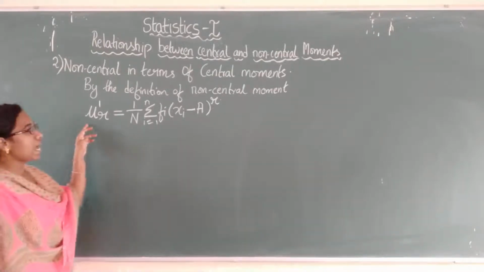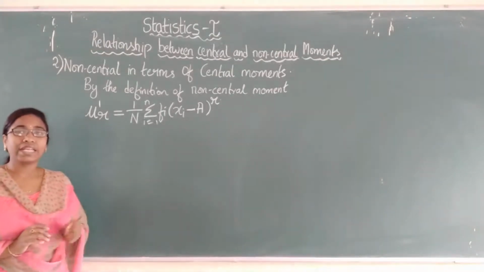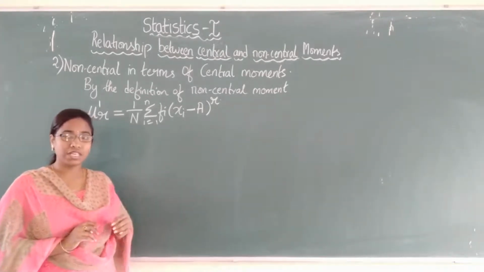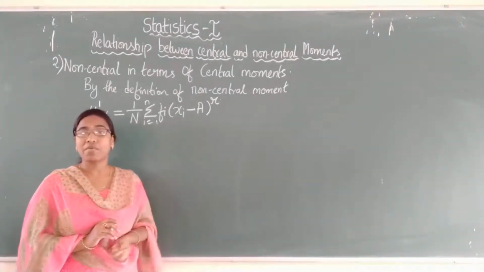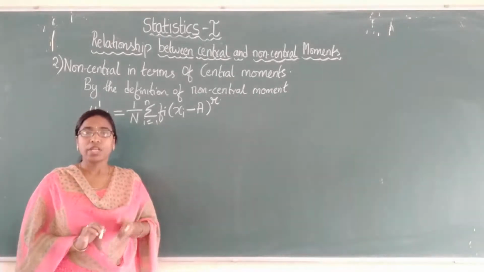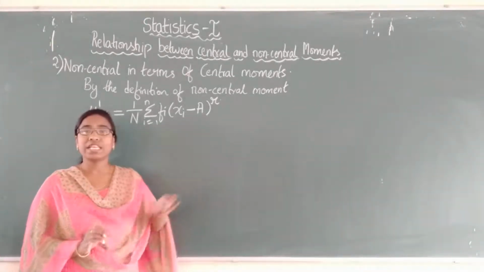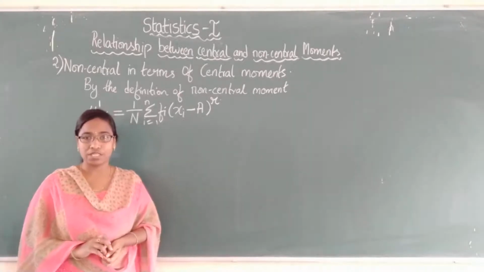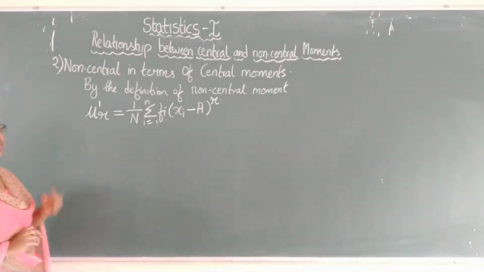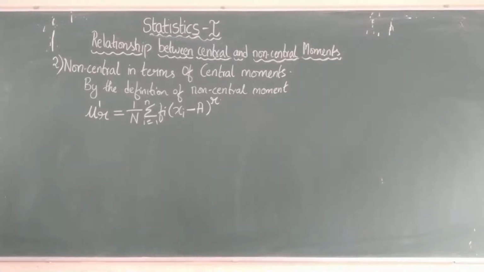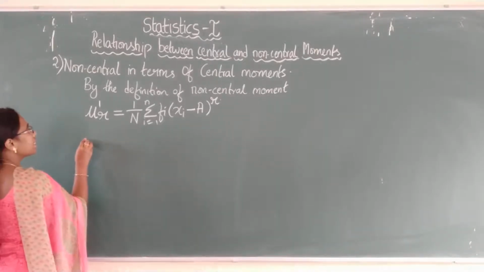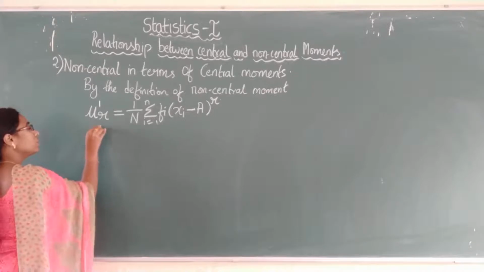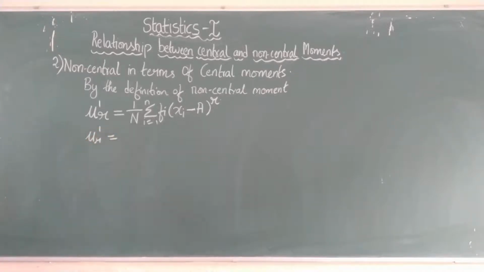In the last theorem, to write in terms of the non-central, we added and subtracted a value. Here I want the values in terms of central moments, so I have to add and subtract which value? For the central moments you have the arithmetic mean, that is the x bar value.